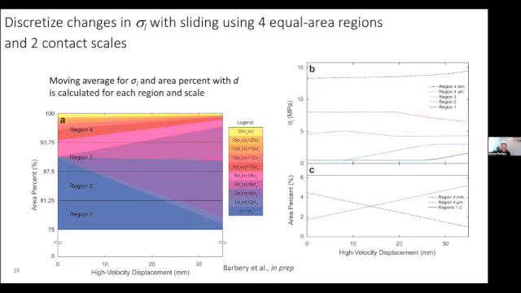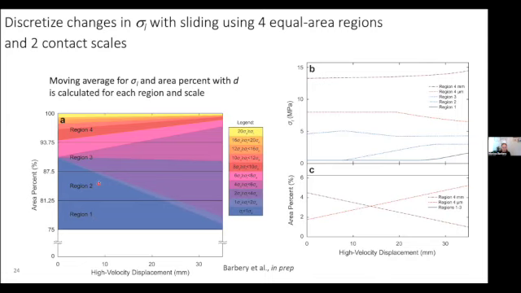So then for each region, I have a moving average for local normal stress. And then again, for region 4, I have 2 moving averages, one for contacts that are weakening at the micron scale, others for contacts that are weakening at the asperity scale. And I calculate area percent to accompany that local stress value.